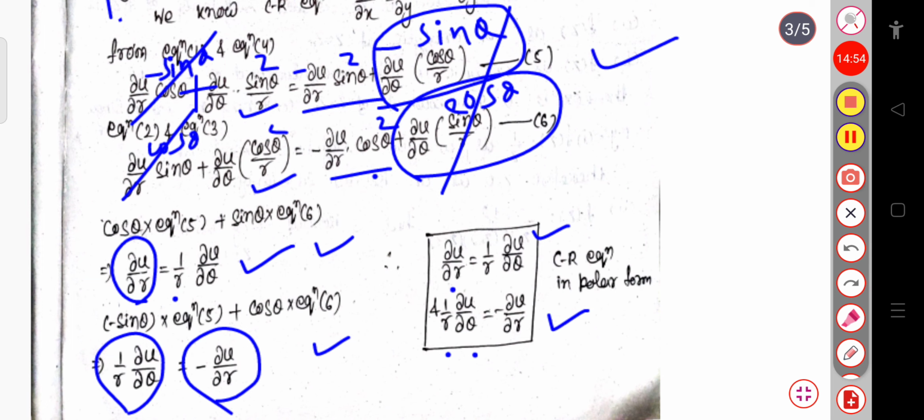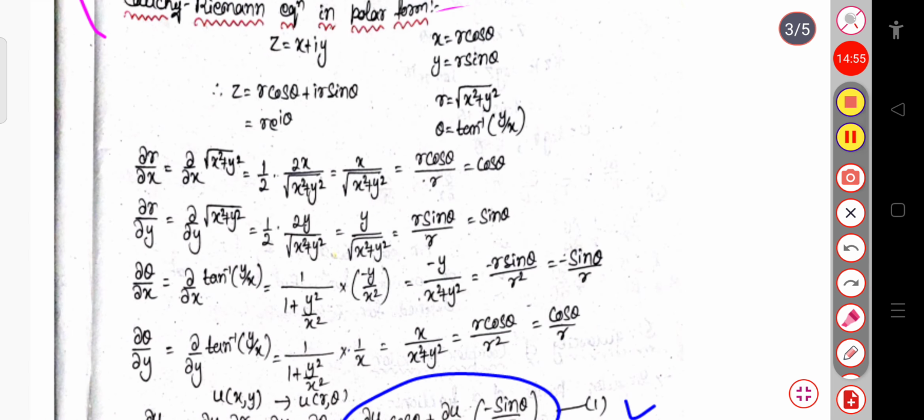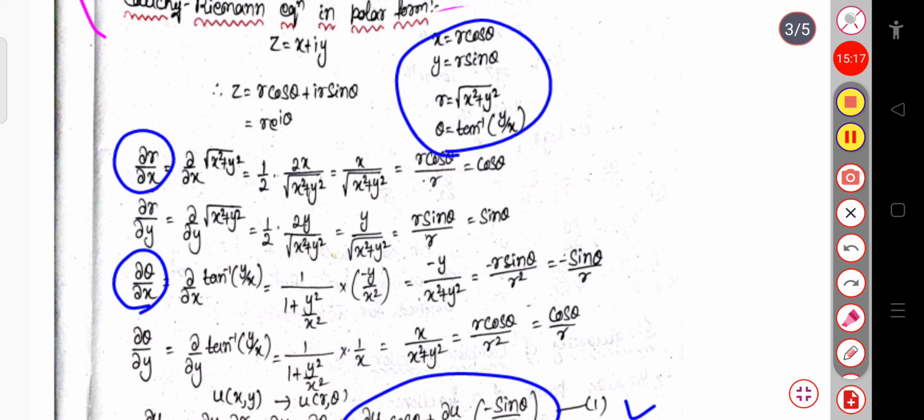Okay. So this is the simplest form. If I summarize this whole part, we first considered the Cartesian representation in terms of the polar representation. Then we take the first derivative with respect to x of r as well as θ. So first take the derivative with respect to x and then with respect to y.